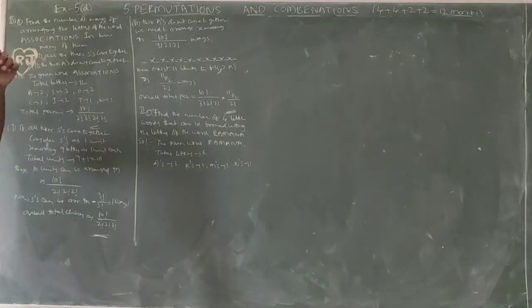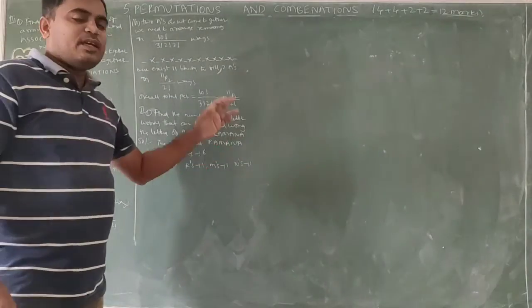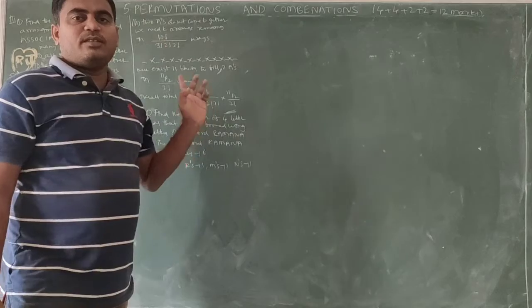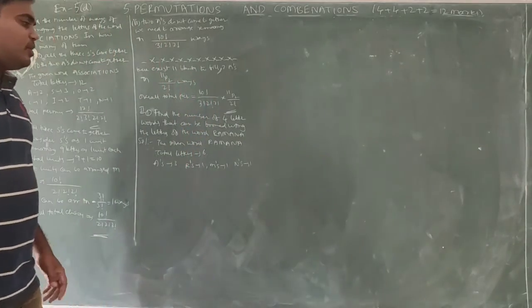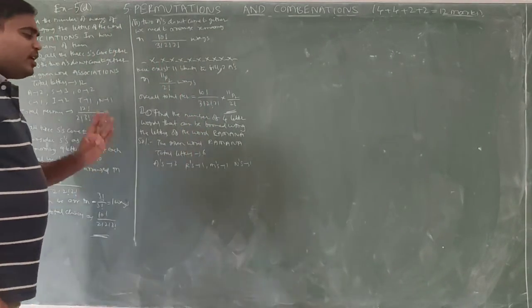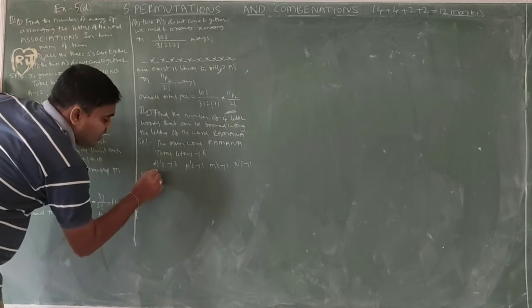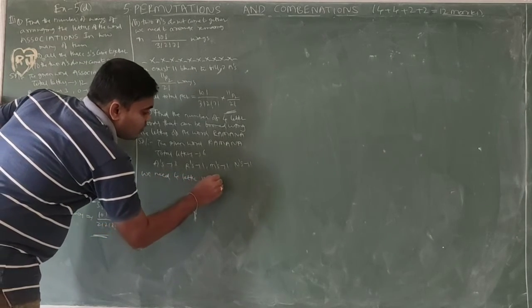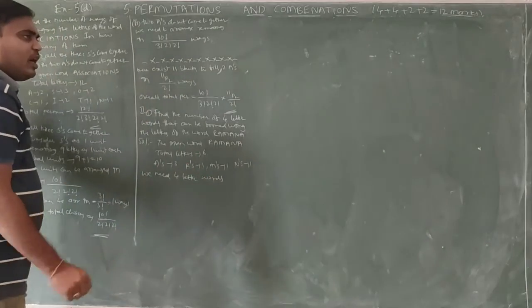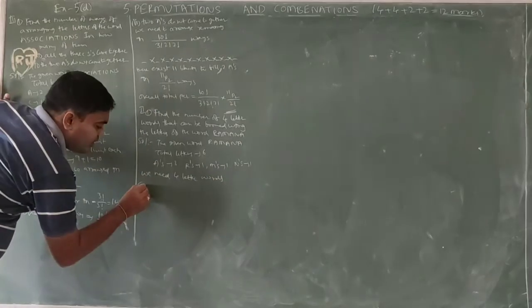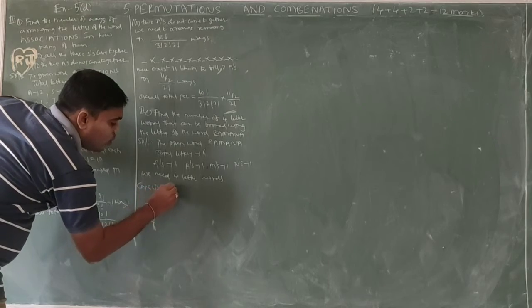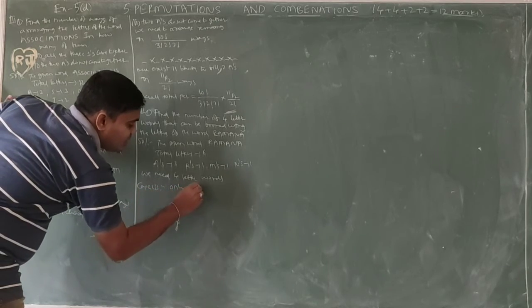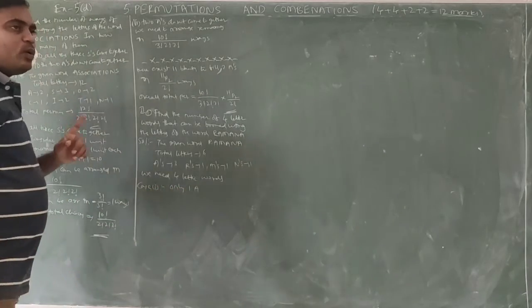So other than A, R, M, N all came only once. We need 4 letter words, so I'm taking different situations. Case 1: only one A.